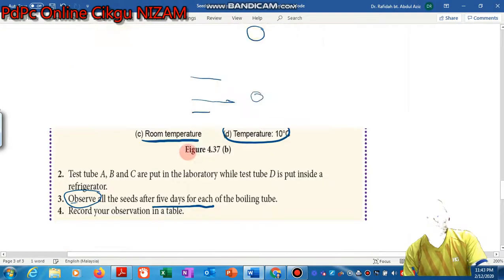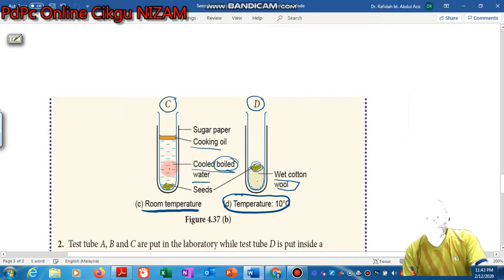Okay, how about boiling tube C? Boiling tube C is using boiled water. Why are we using boiled water? And then on the surface of the boiled water, we put cooking oil. Exactly why are we using boiled water? Because boiled water does not have any air inside, which means no dissolved air inside the boiled water. Yeah? And then why do we put cooking oil?